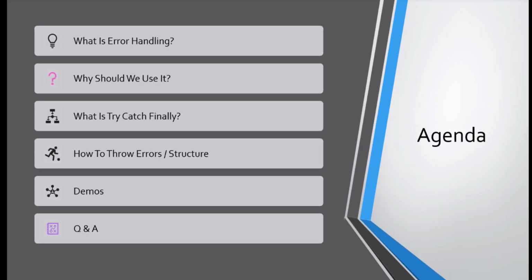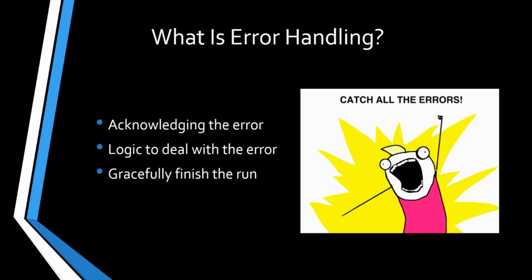And then we're going to be going through how to throw errors and the structure that I've been using for error handling in my flows. And then we're going to be going through some demos. One main demo is going to be a real use case that I actually came up with while I was working, and we'll talk about that in a second. And then we'll go at the very end as a Q&A.